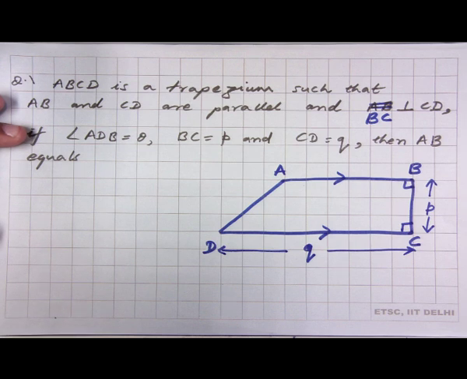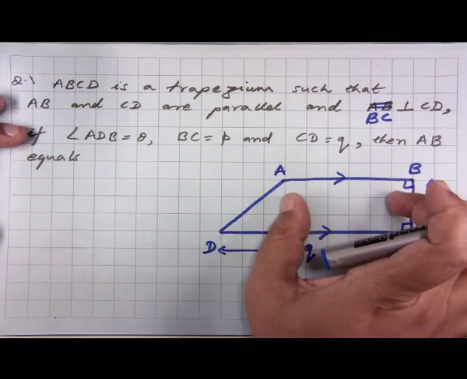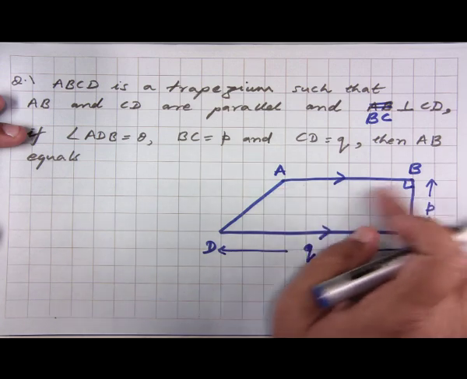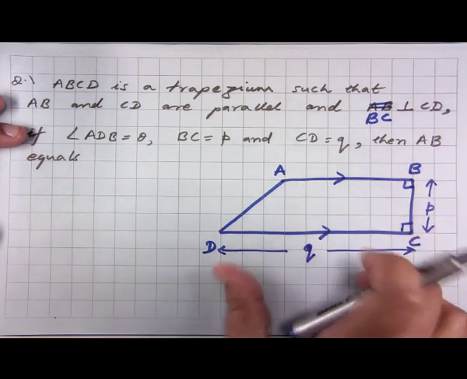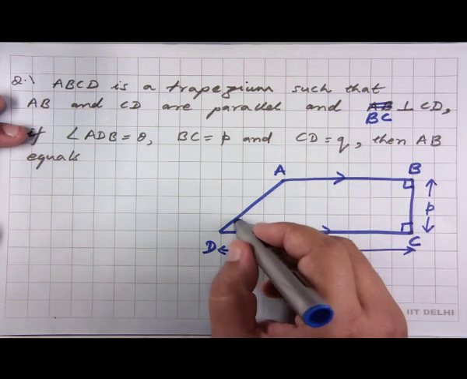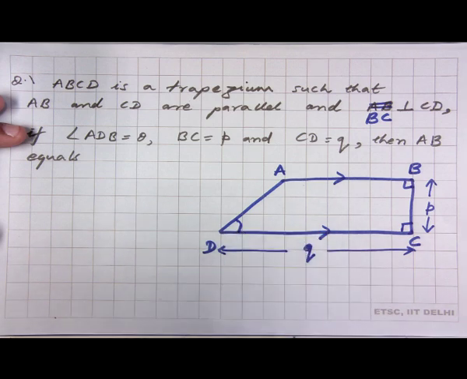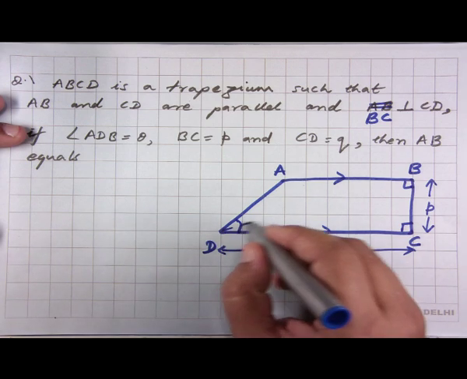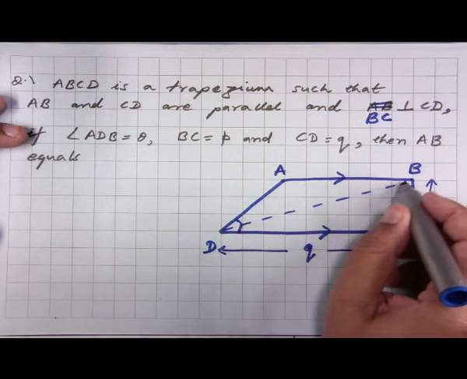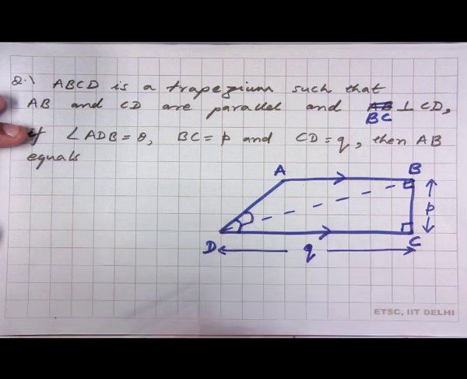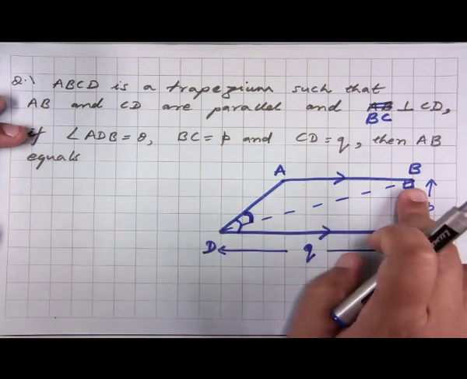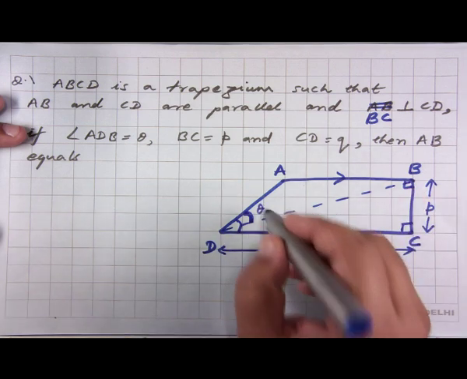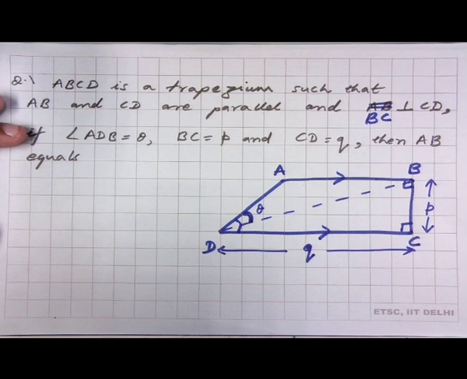And the question is asking us to find an expression for the length of this side AB in terms of P and Q, and it is also given that this angle, which is angle ADB, is given to be theta.